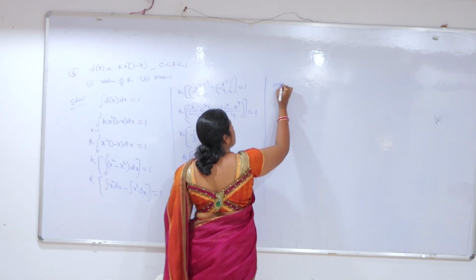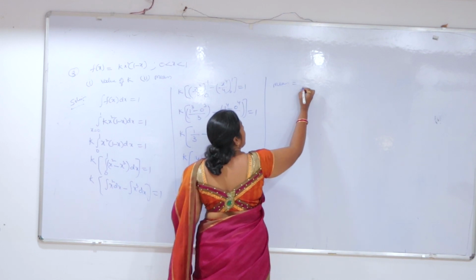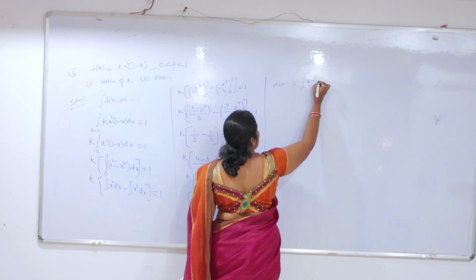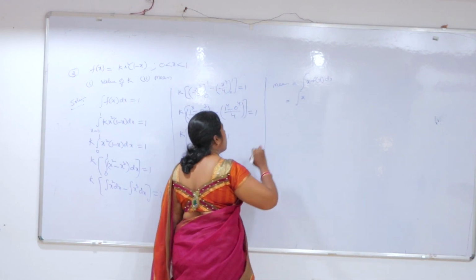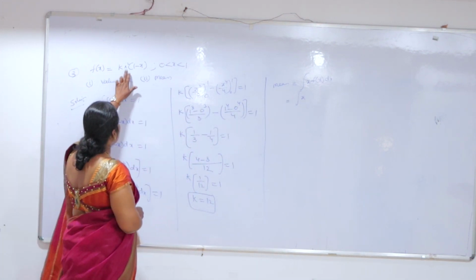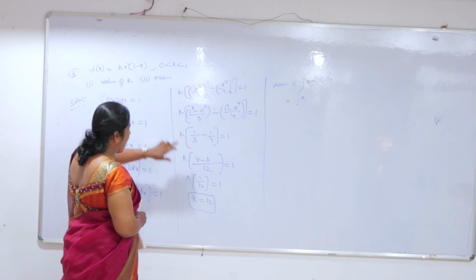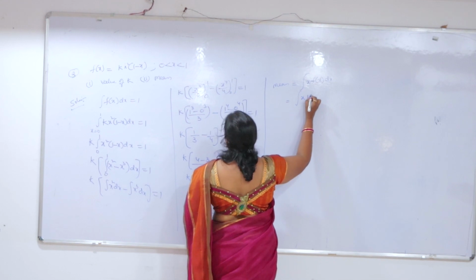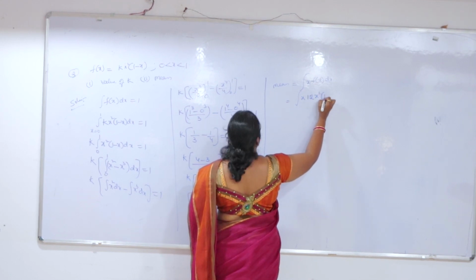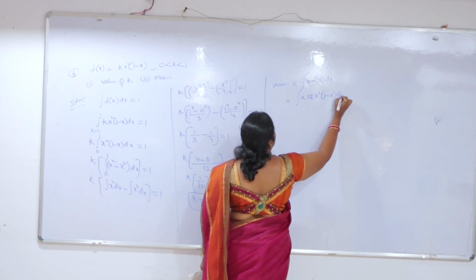So what is the formula for mean for the continuous case? Integral x into f of x into dx. X into, what is the f of x value? K into x square into 1 minus x. But the value of k is 12, so substitute the value there: 12 into x square into 1 minus x dx.